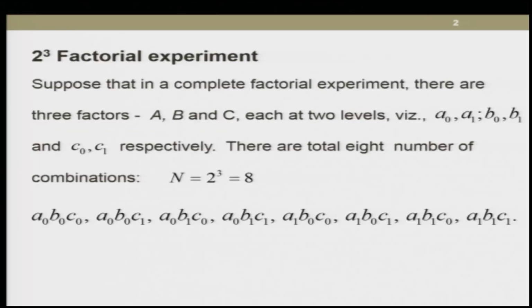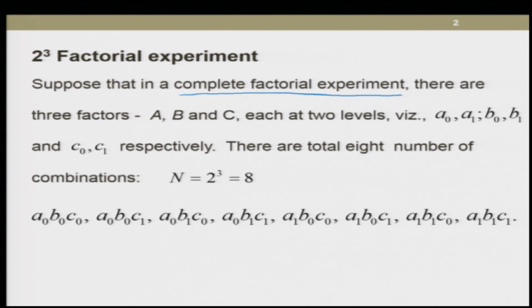And so in case we have the setup of 2q factorial experiment where we want to conduct the complete factorial experiment, I am using the word complete because we are trying to use all the treatment combinations.